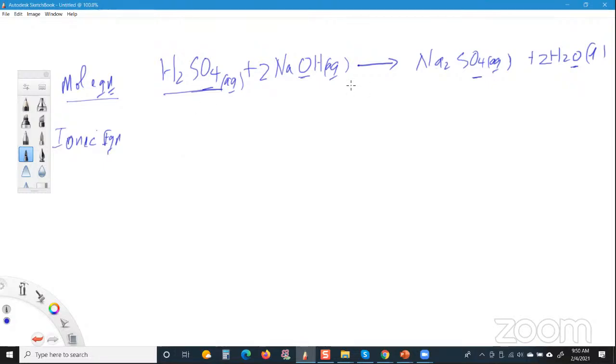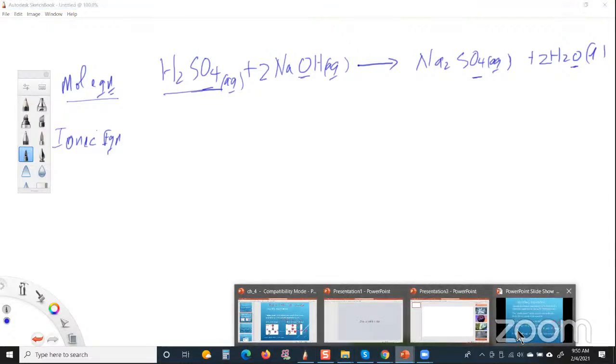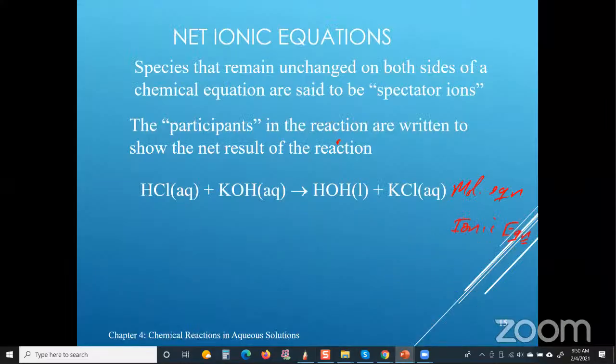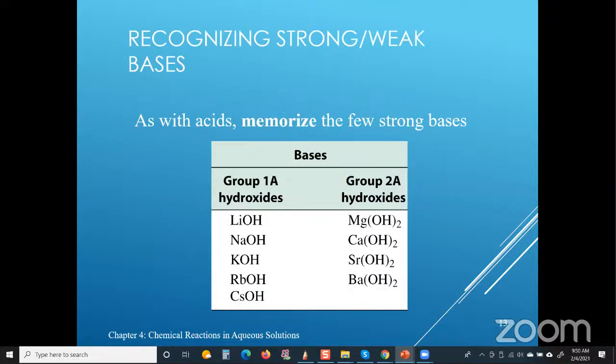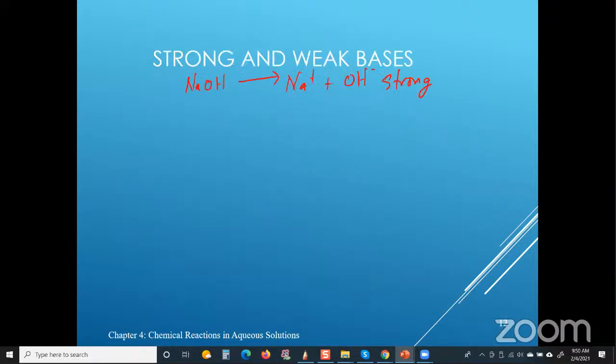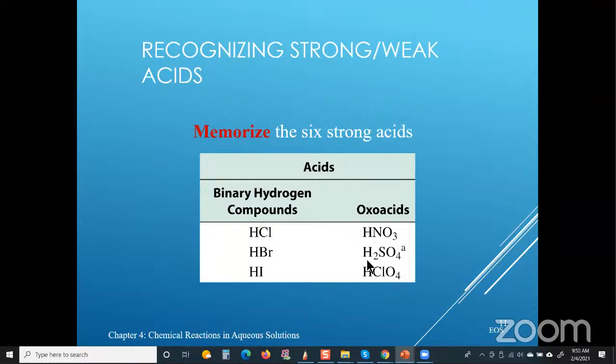Anybody? Remember what I said about sulfuric acid? Remember what I said about sulfuric acid when I showed you this slide? What did I say about sulfuric acid?